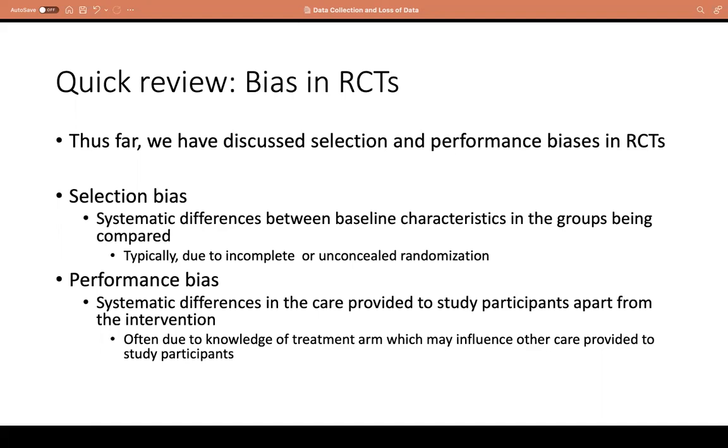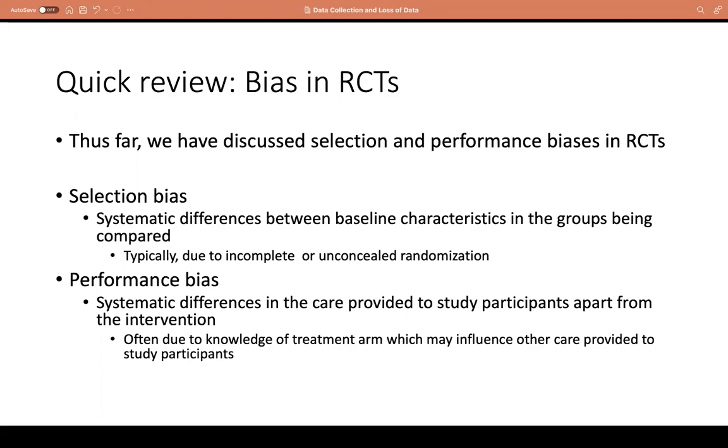Thus far, I know that we've talked about selection and performance biases. Just to review, selection bias refers to systematic differences in baseline characteristics between the two groups being compared. This is typically, again, due to either incomplete or unconcealed randomization. And then performance bias refers to systematic differences in care provided to study participants apart from the intervention.